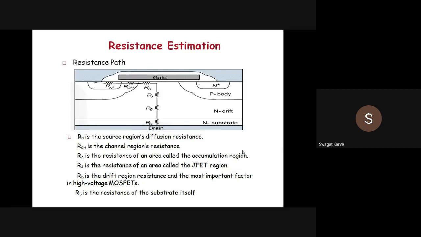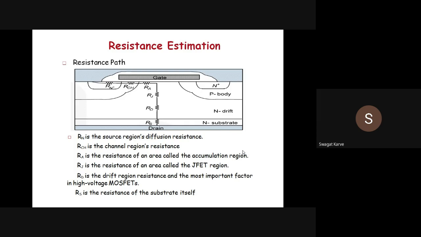It is the most important resistance contributing to the total MOS resistance. And the last one is RS, the resistance of the substrate region.